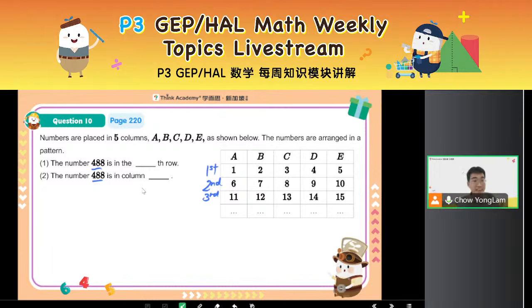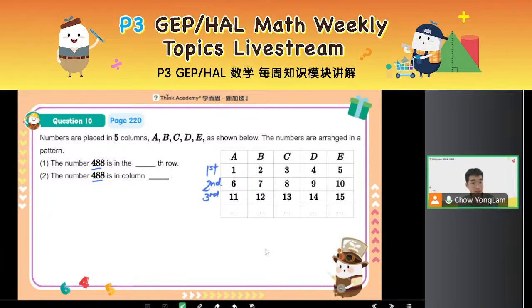Now, can you see the pattern in this question, in the table, and do you know what you need to do? You know, every row has 5 numbers.